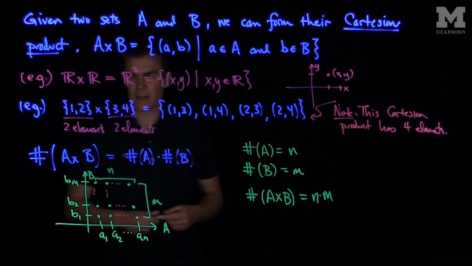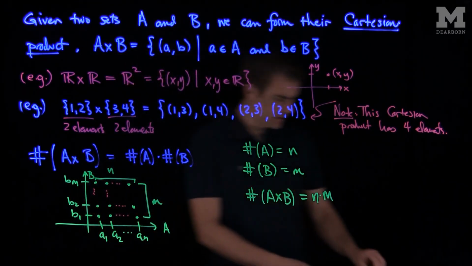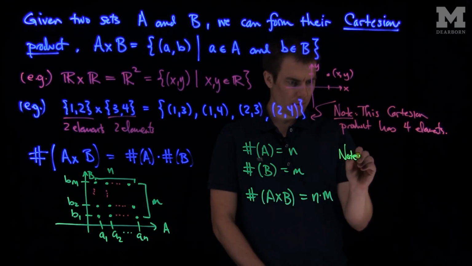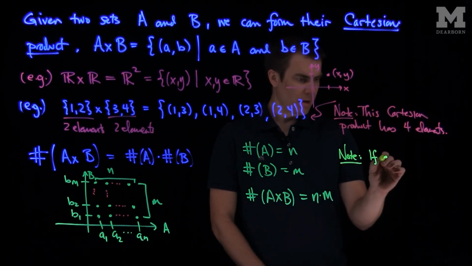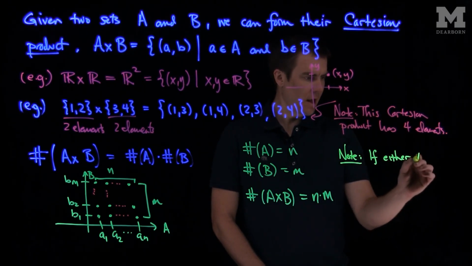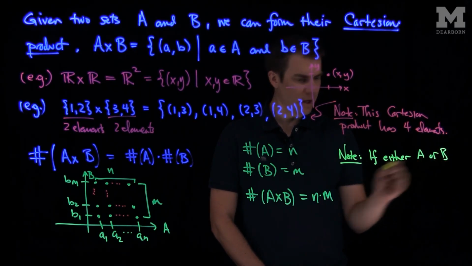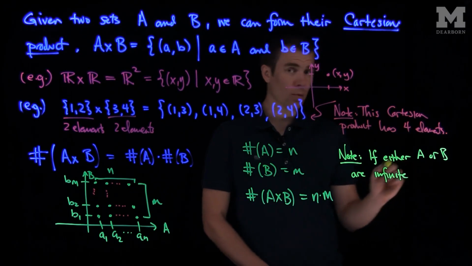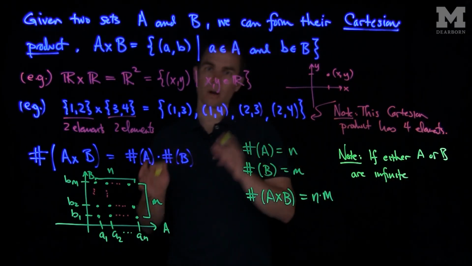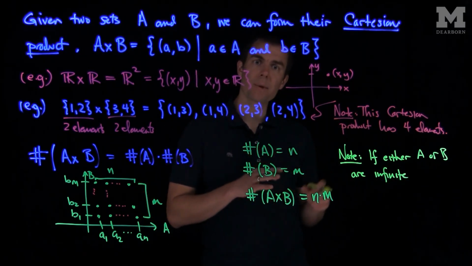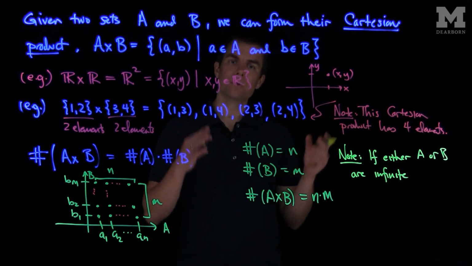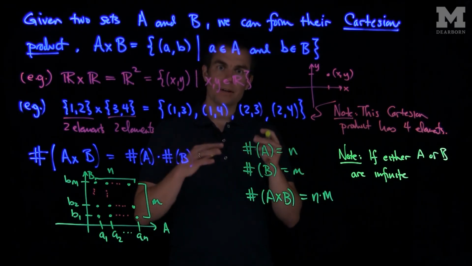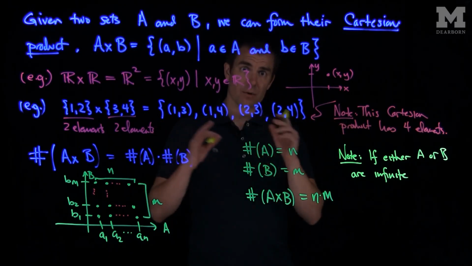Now, note that if either A or B are infinite, and we're not going to worry about countable, uncountable, we'll just say infinite for now, because there's lots of work to be done to show that the cardinality of the Cartesian product is related to the cardinality of the individual terms in the product.